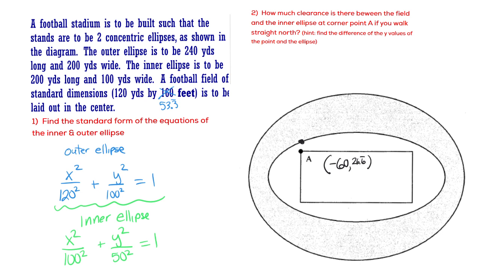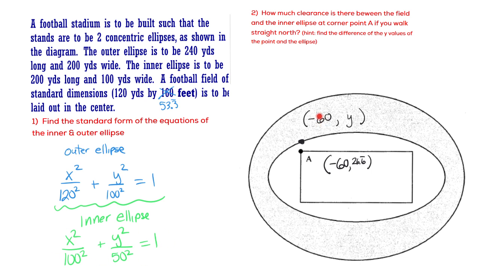Now what I want are the coordinates of this point that lands on the inner ellipse. Well, you should know one of those coordinates just by looking at the picture. And hopefully you're catching on that, oh, the point A was left 60, so is this point. It's left 60. I need to find the y value for it. And since it's an ordered pair that's on the ellipse, it's supposed to work in this equation right here.